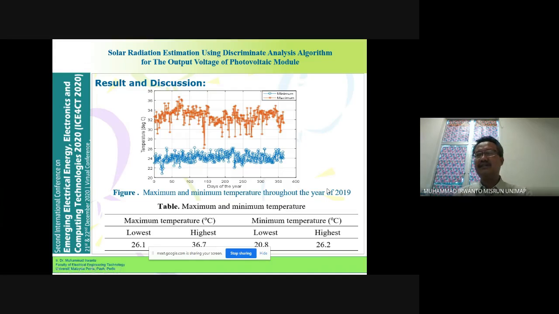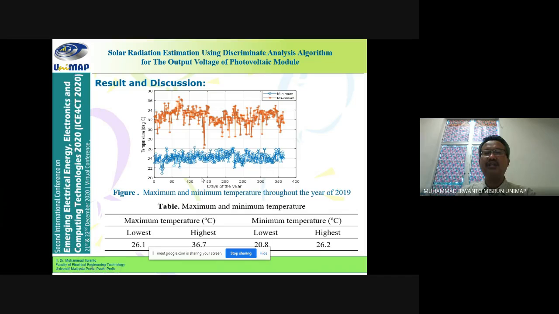As the result, this is a graph of the measured minimum and maximum temperature through the year 2019. For the maximum temperature, the lowest value is 26.1 degrees Celsius and the highest value is 36.7.